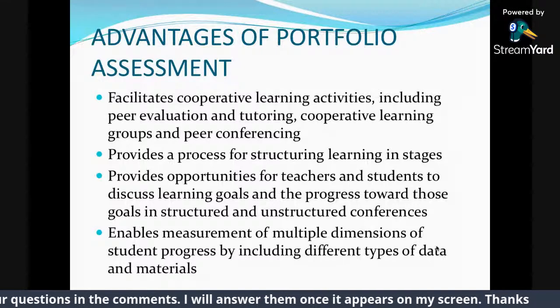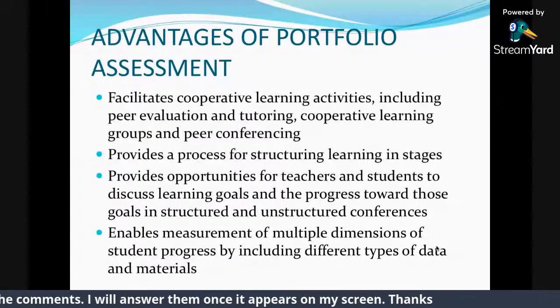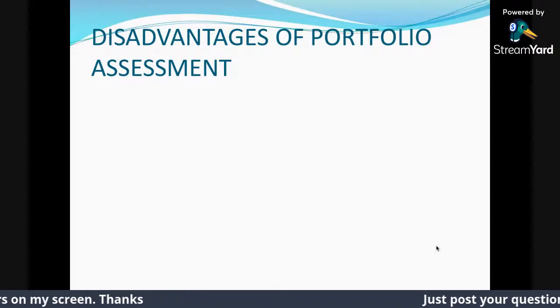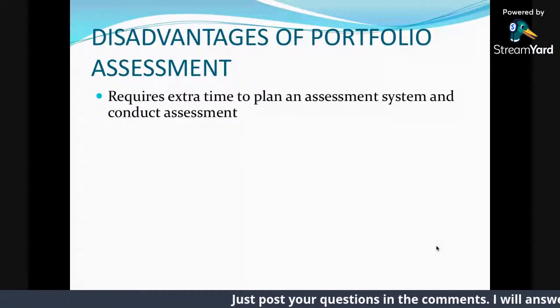Now, if we have advantages of portfolio assessment, we also have disadvantages of portfolio assessment. Okay? Una, it requires extra time to plan an assessment system and conduct assessment.